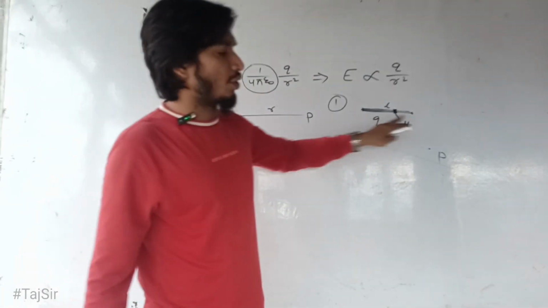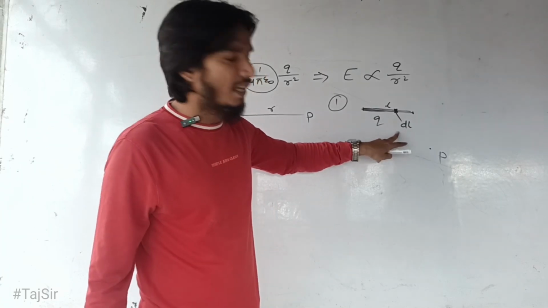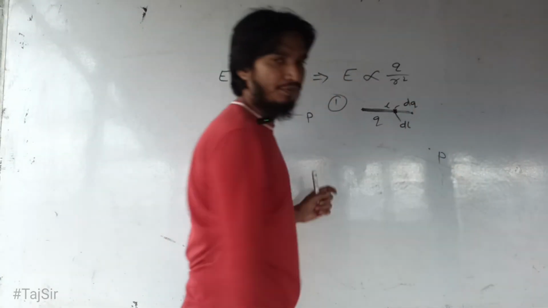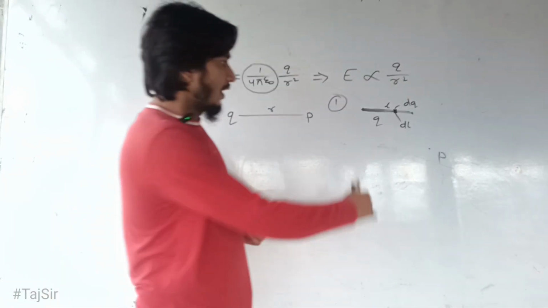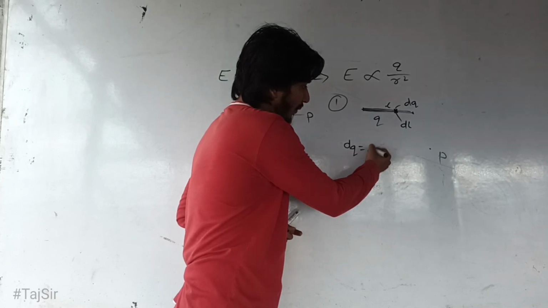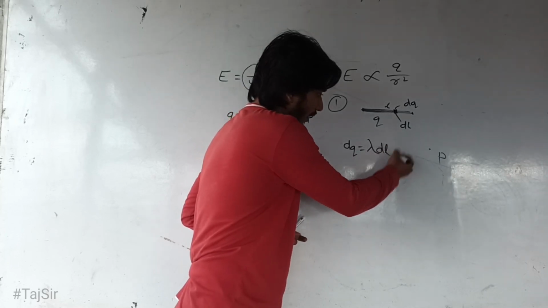The whole charge is Q, so the width dl will have a charge, say dq, and we know this dq charge will be given by lambda dl.